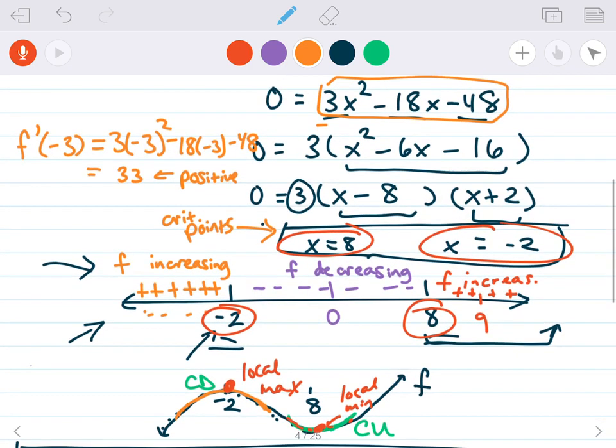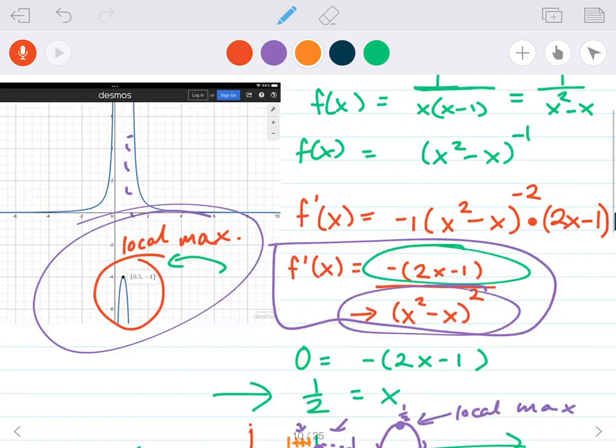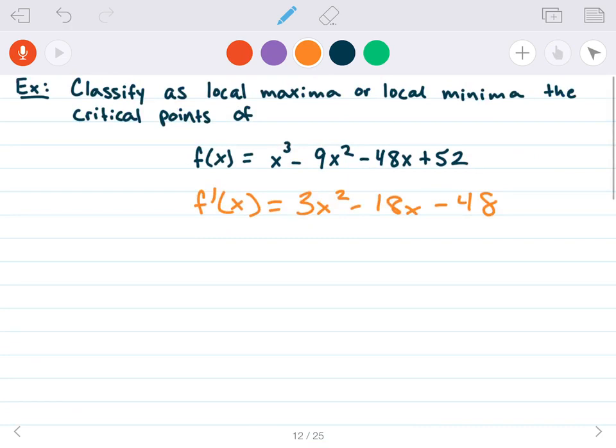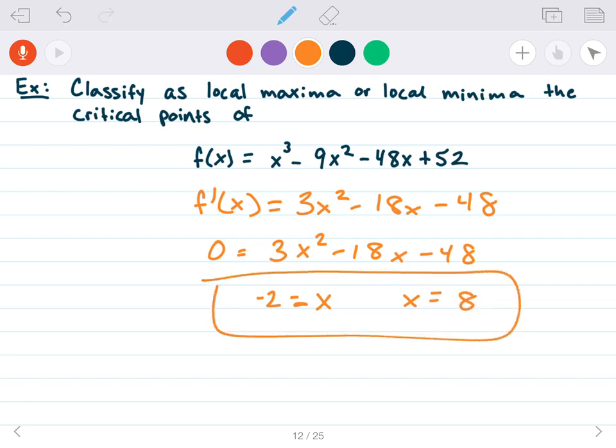We got 8 and negative 2. I'm just shortcutting this a little bit. So this is from the previous example. We got x equals negative 2 and x equals 8. So these are my critical points. Just set the derivative equal to 0, and we already did this by factoring.